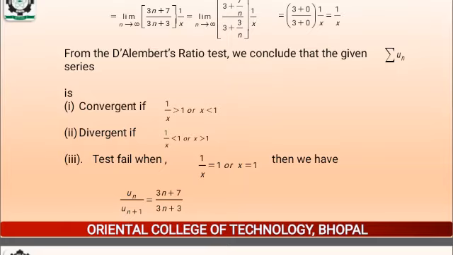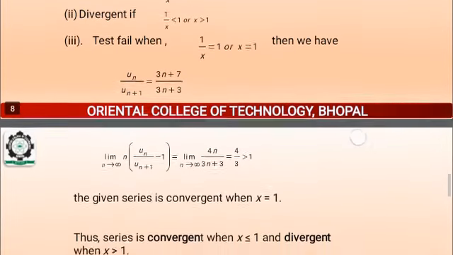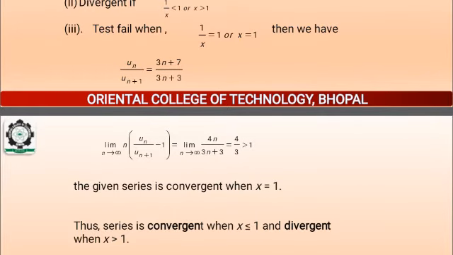Then we have un upon un plus 1 is 3n plus 7 upon 3n plus 3, when we put x equal to 1. Now we apply Raabe's test here. Limit n tends to infinity n times (un upon un plus 1 minus 1).